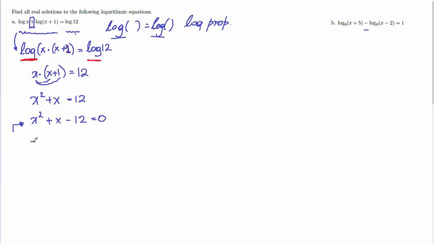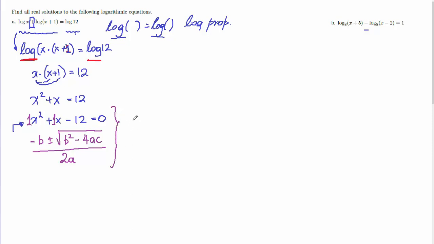The quadratic formula is negative b plus or minus the square root of b squared minus 4ac, divided by 2a. In this case b is 1, c is negative 12, and a is 1. I have a 1 here and a 1 here that are invisible, and I can plug them into my quadratic formula.